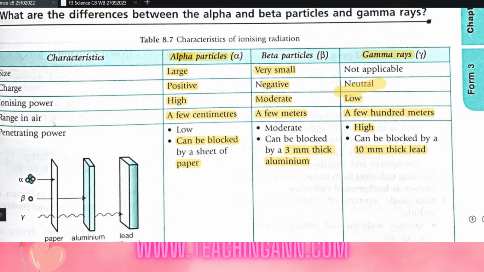What does it mean, the range in the air? 对，它在空气里都有范围。When it is radiating from your radioactive source, it only reaches a few centimeters. If you don't get near to it, you will not be affected by the radiation. A classic example is a computer screen or TV screen. You don't get near, so you're not affected by the radiation.